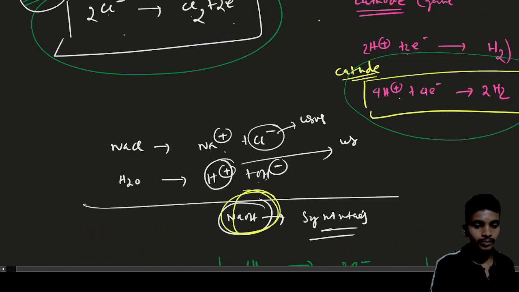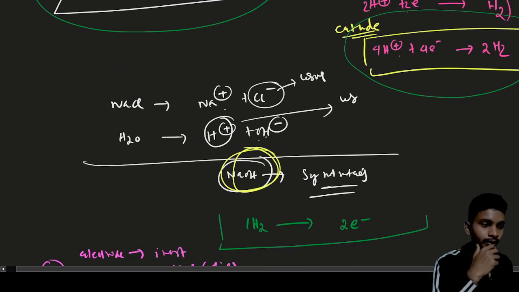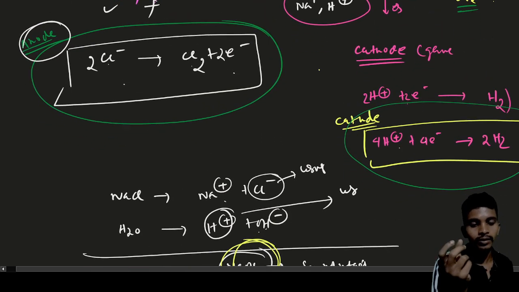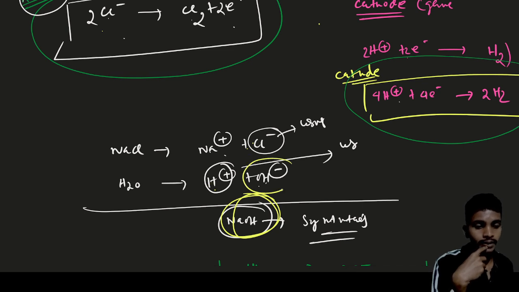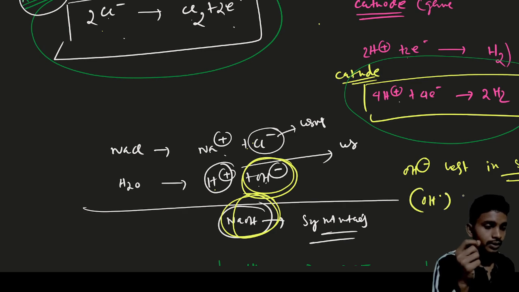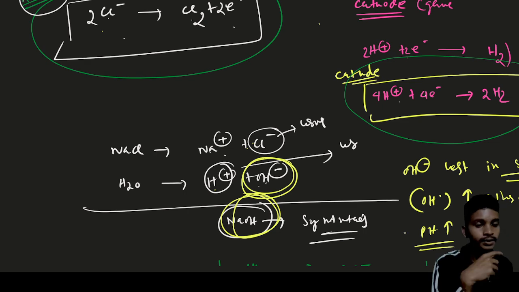And if you see the overall reactions, what happened is that Cl and H are used. It means OH- is left in the solution. If OH- concentration is increased in the solution, what happens, pH increases.